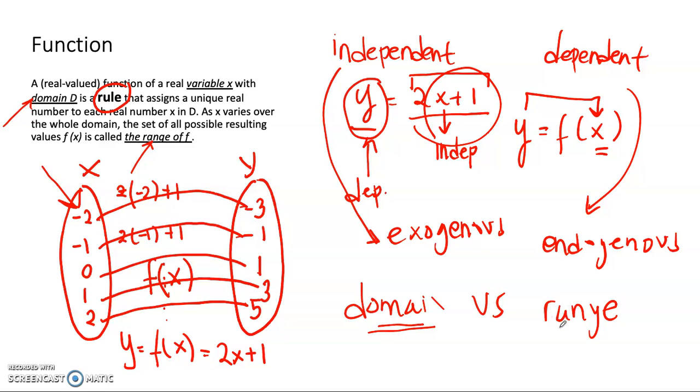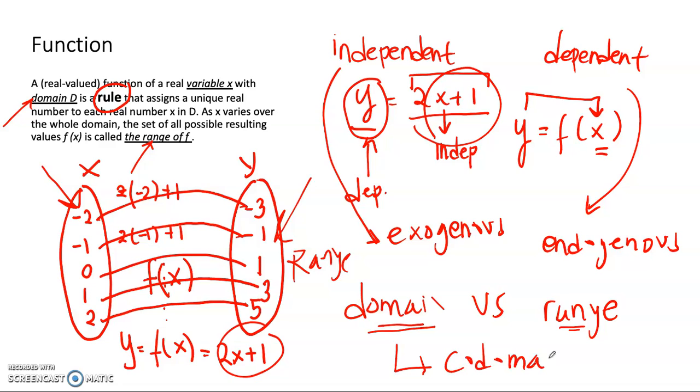And range is the set of numbers that results from the rule. So this is the set of range. Actually, there is another word, codomain. Try to find on your own what codomain means.